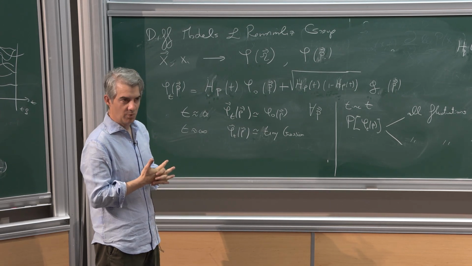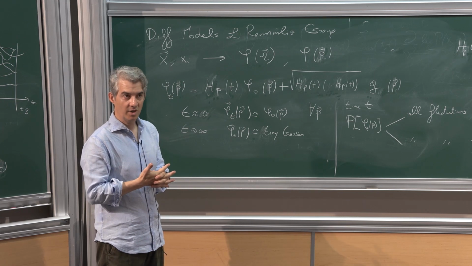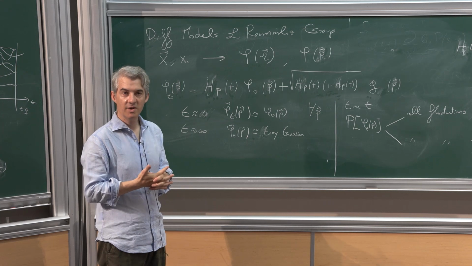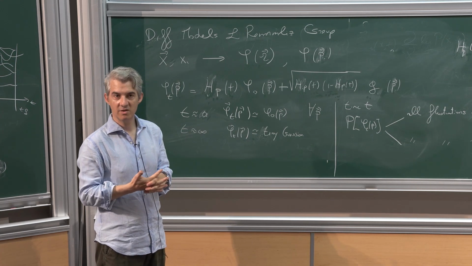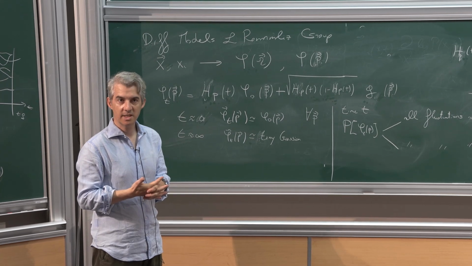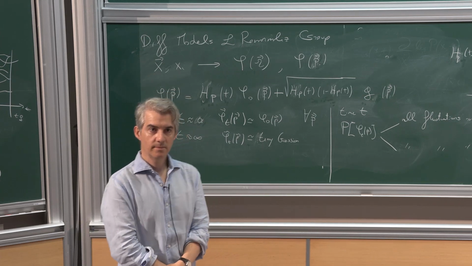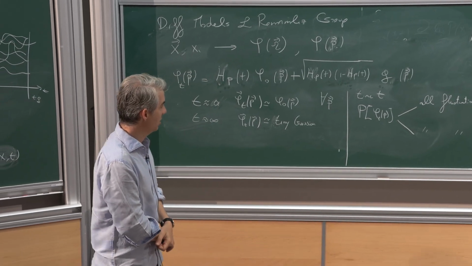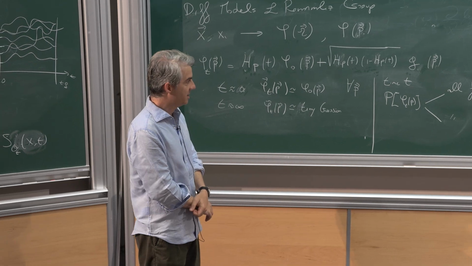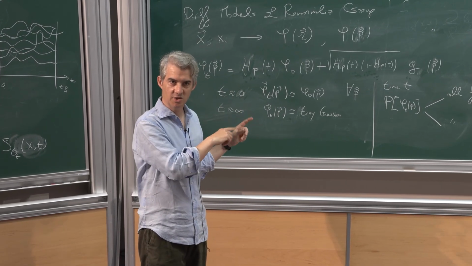Yes, in the sense that in this case I'm thinking of a model with translation invariance, so I work in Fourier space. Let me go back: here I was thinking more of physics.